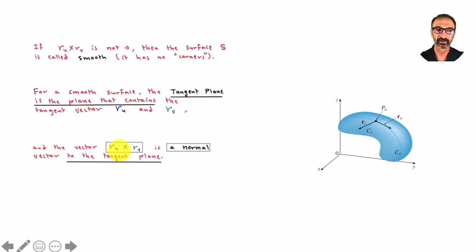And the vector which is a cross product of these two vectors will stick out. If you remember the right hand rule, that will be normal to those two vectors, to the tangent plane, because the tangent plane will contain those two tangent vectors.